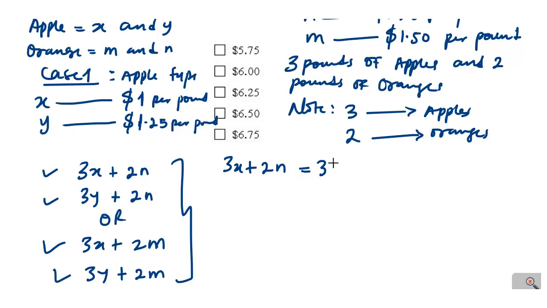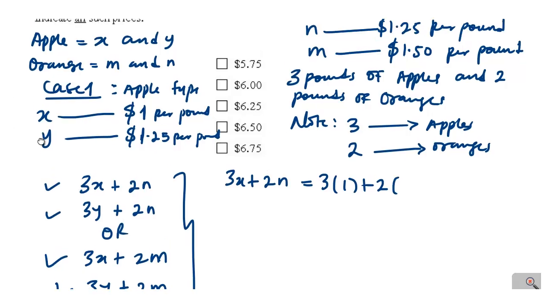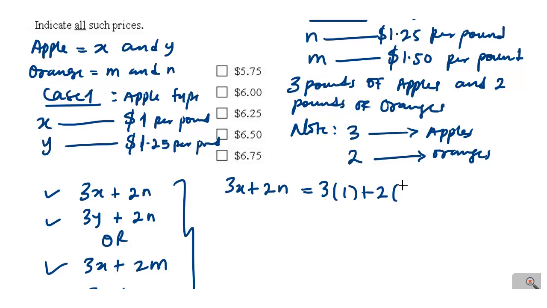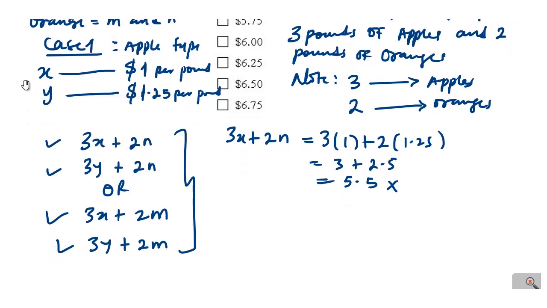That is 3 times 1, since x is 1, plus 2 times n, where n corresponds to 1.25. So 3 times 1 is 3, plus 2 times 1.25, which is 2.5. So 3 plus 2.5 is 5.5. Do we have 5.5 captured? No. Then let's move on to the next combination.